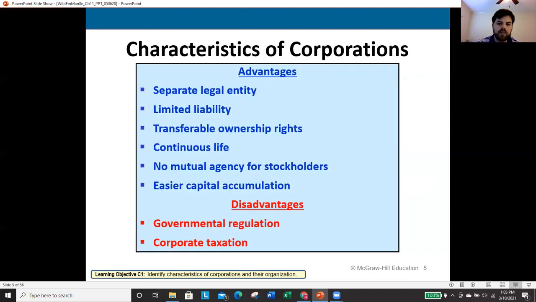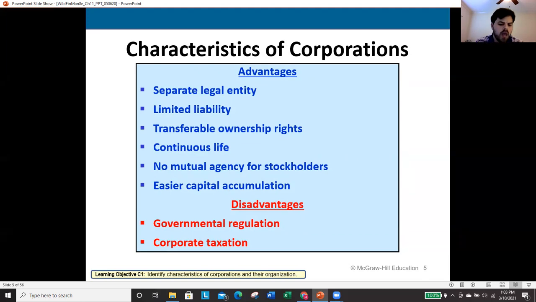This was a really powerful concept because it meant that if the business went under, I could lose every penny I ever invested in the business. That is true. But every one of my individual personal assets are safe. So I can't be forced to sell my car or the clothes out of my closet or to move houses or to do anything like that to cover these corporate debts, because the corporation and the individual are separate.